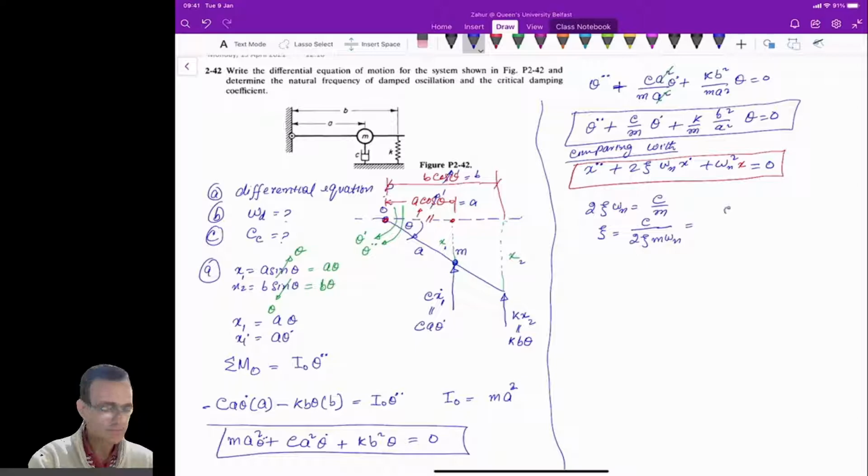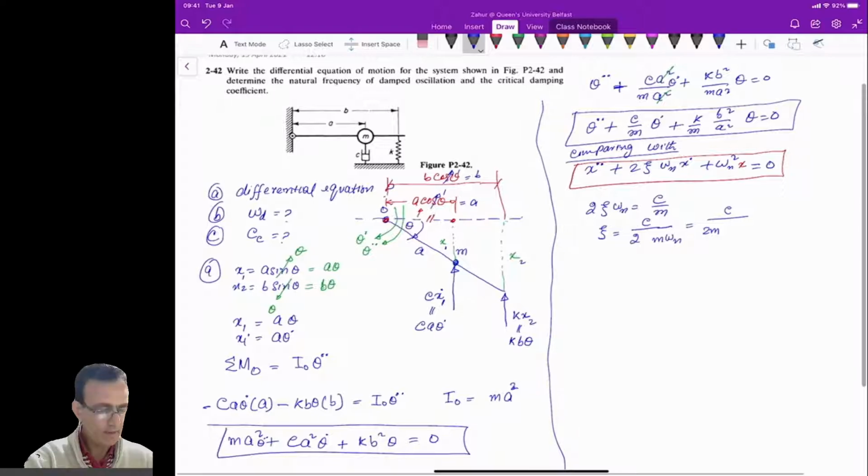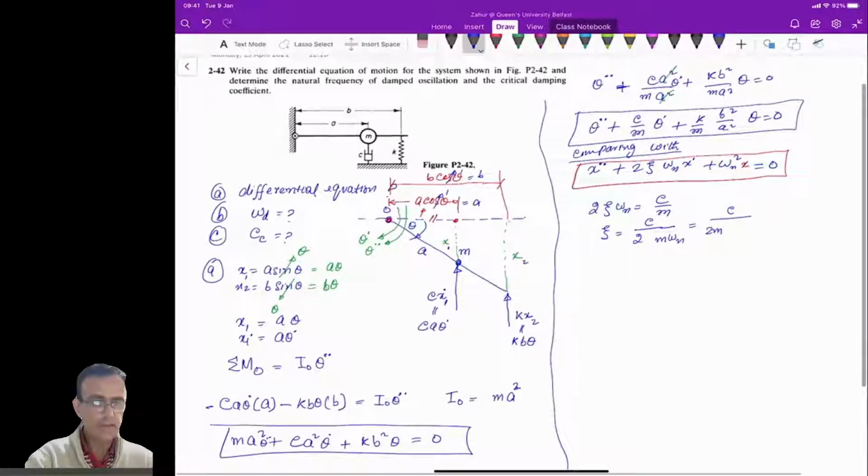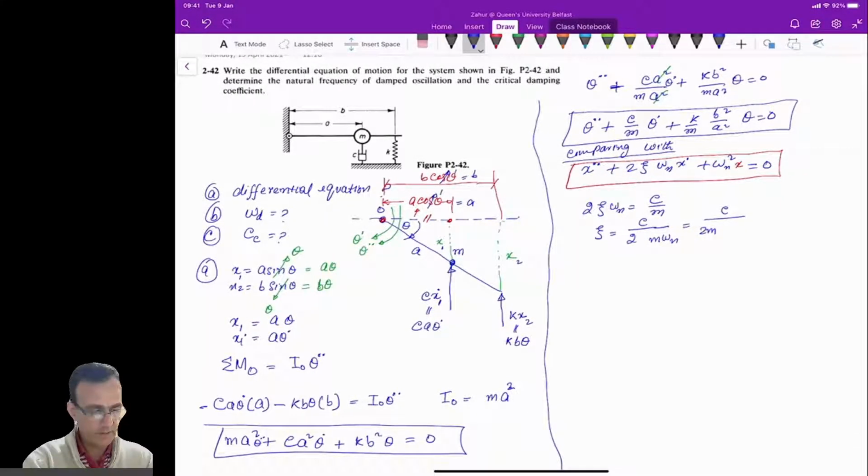Comparing these two values, omega n becomes equal to b by a times the square root of k by m.